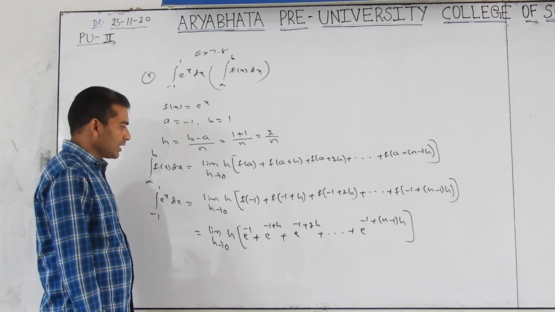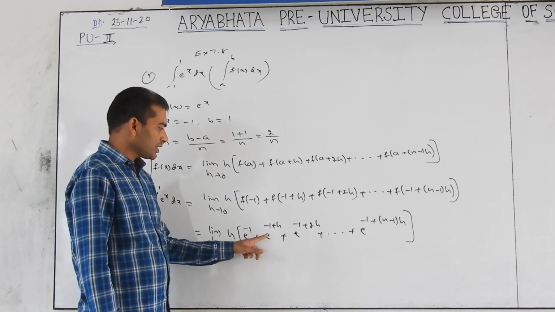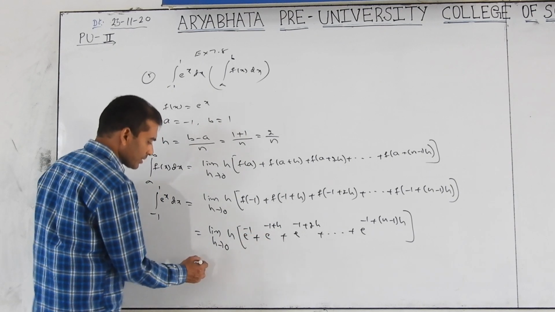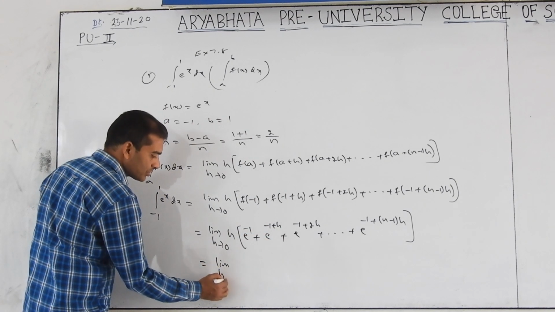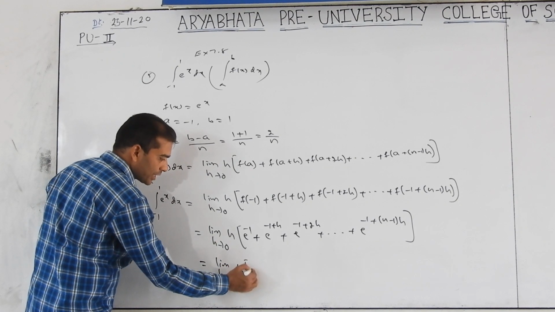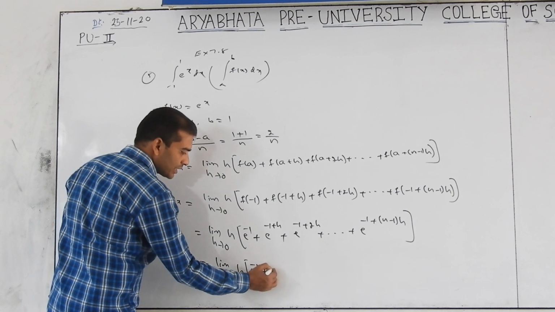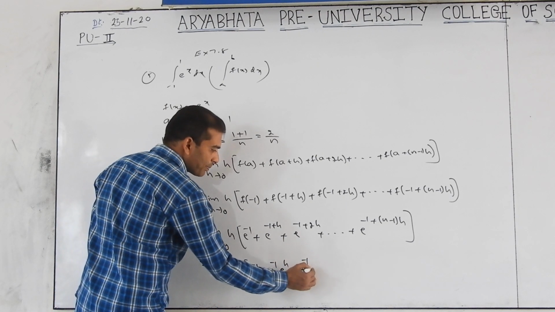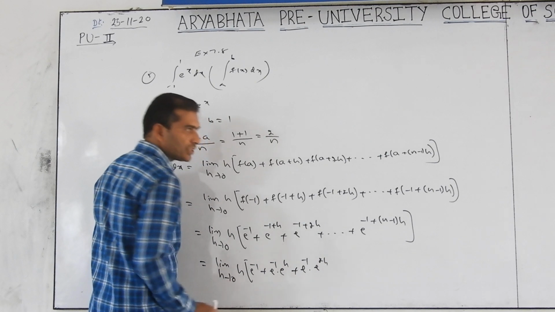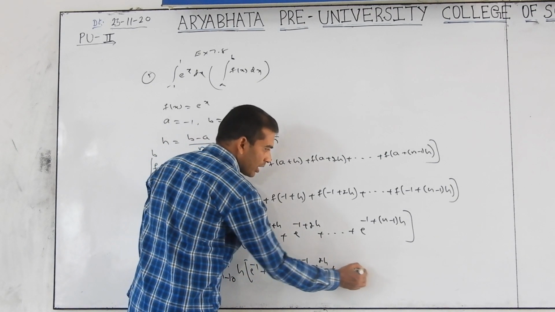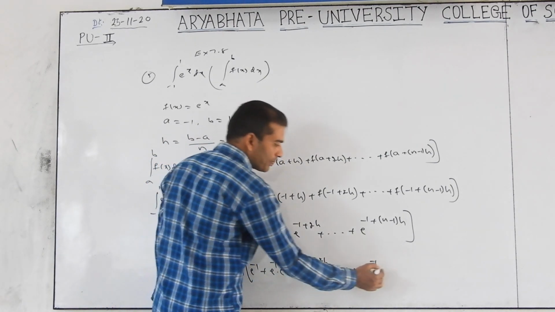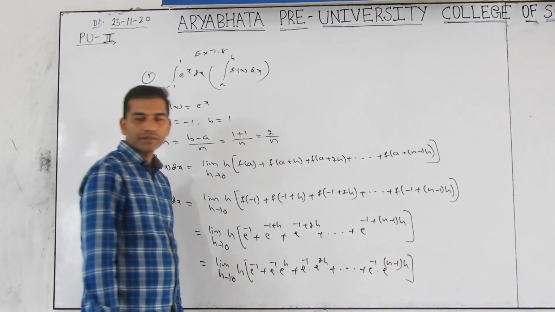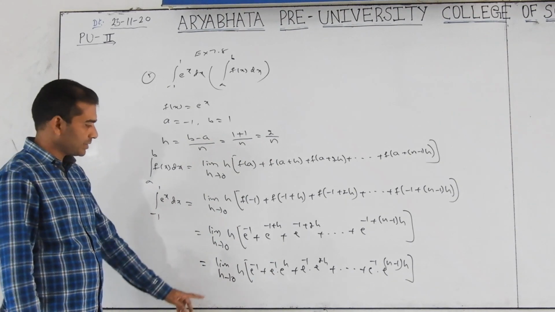Right? In this e power minus 1, we use a raised to m plus n equal to a raised to m into a raised to n. So limit of h tends to 0, h into e power minus 1 plus e power minus 1 into e power h plus e power minus 1 into e power 2h, plus so on, e power minus 1 into e power n minus 1 h.